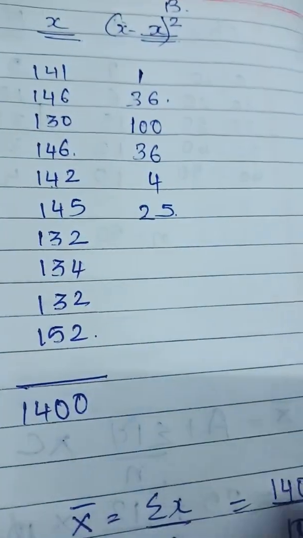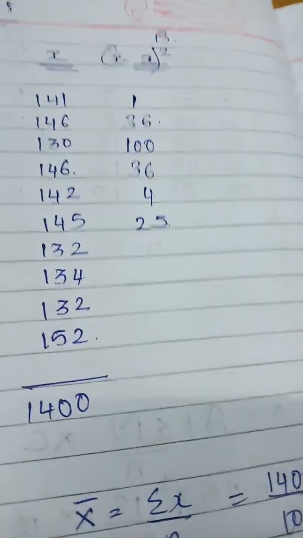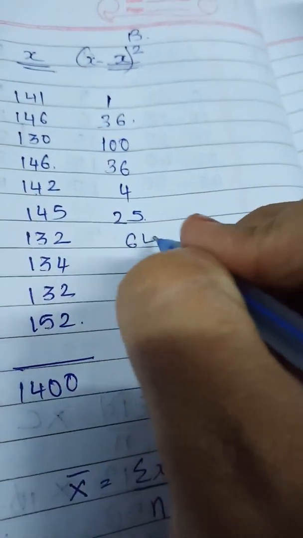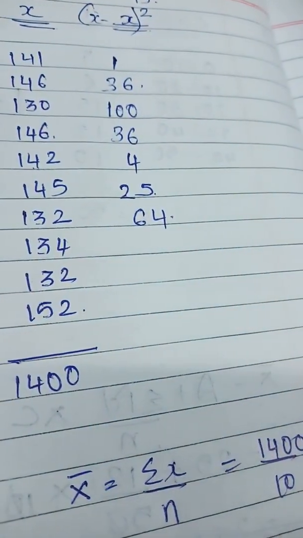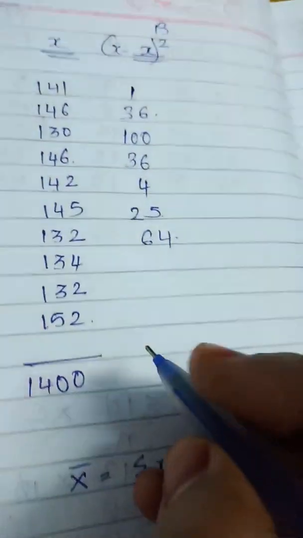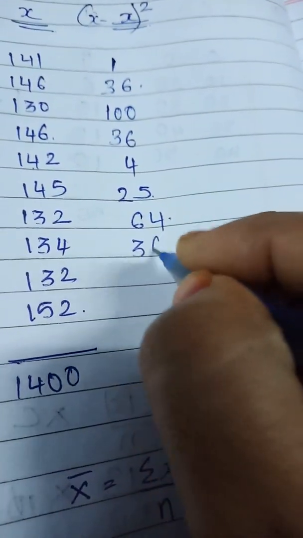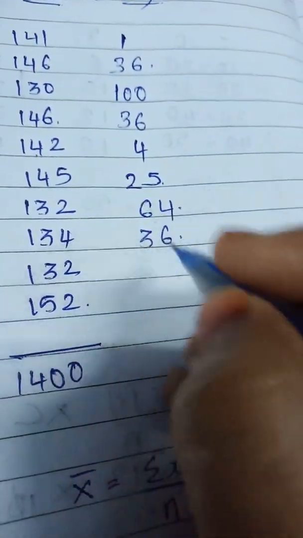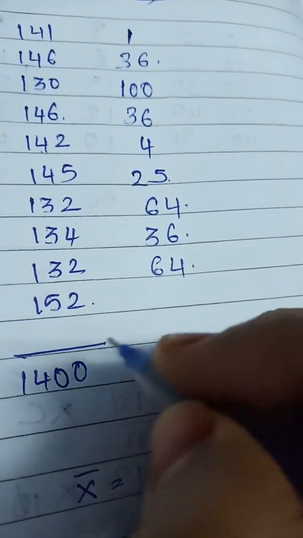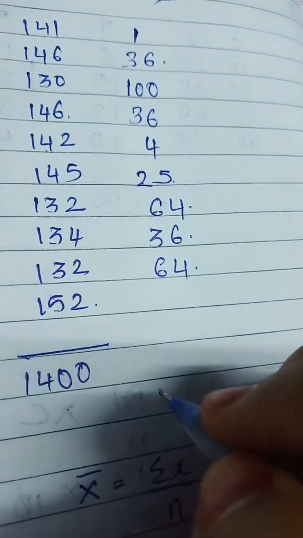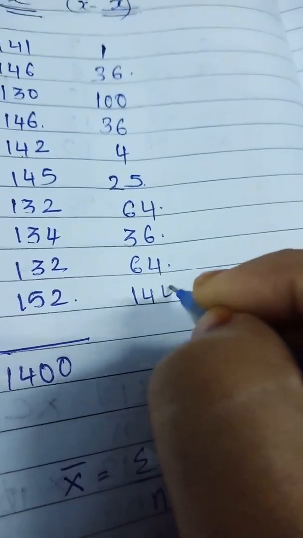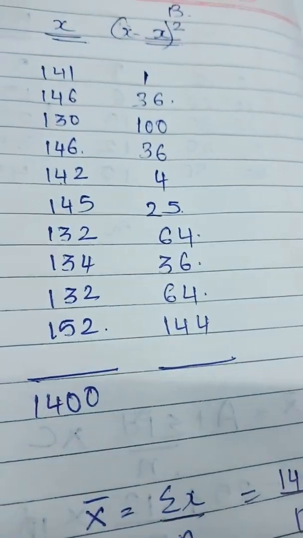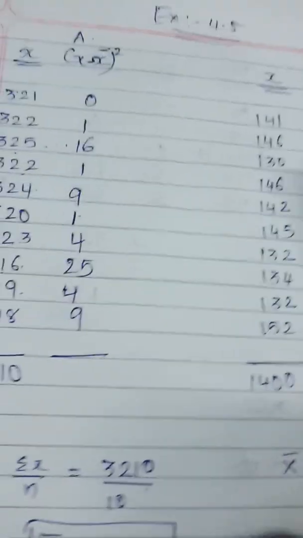Now 132 minus 140, so 8 8s are 64. Minus 8, it is positive. 134 minus 140, that is 6. Minus 6, 6 6s are 36. 132, already we have done 8, so 64. 152 minus 140, 12. 12 12s are 144. So this we have done. Okay. Now the total we will do.